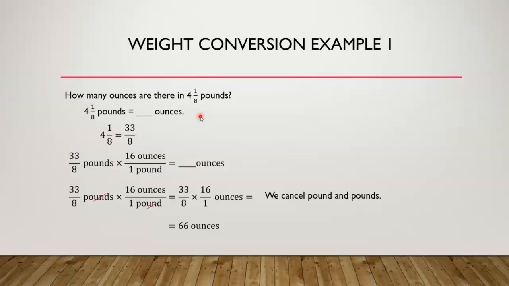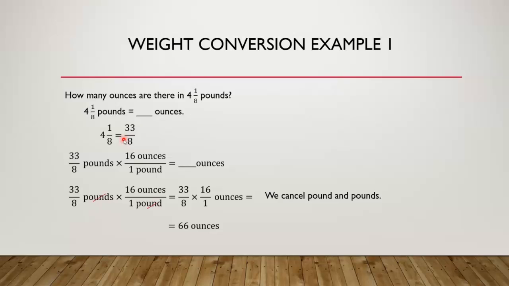Okay, so let's do an example. Well, again, we have a mixed number here. The way you convert a mixed number, you do the denominator times the number in front, and you add the numerator. So 4 1/8. 8 times 4 is 32. You add 1, you get 33.